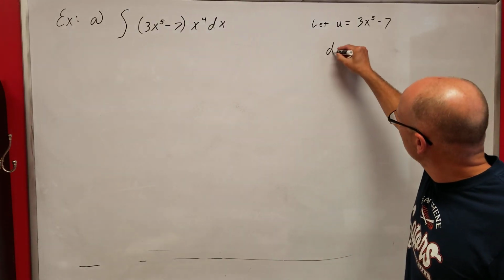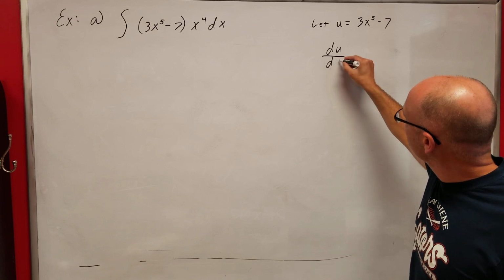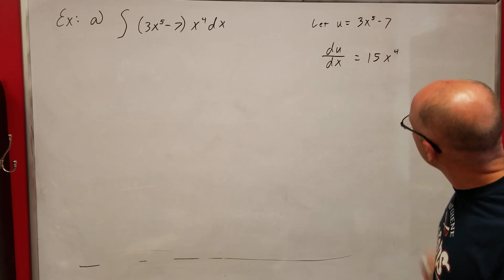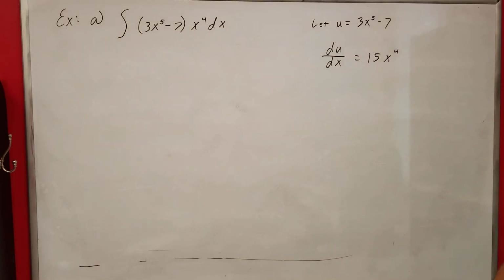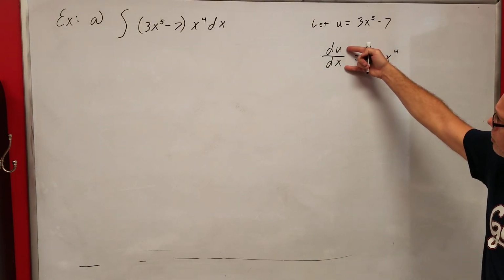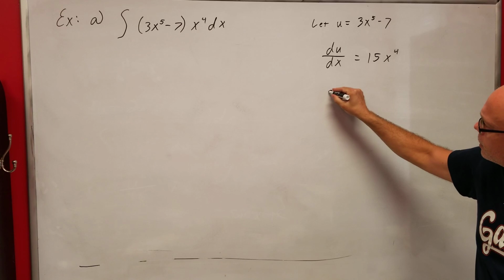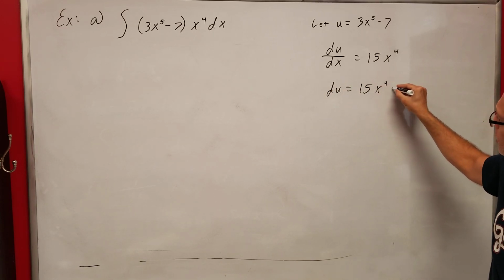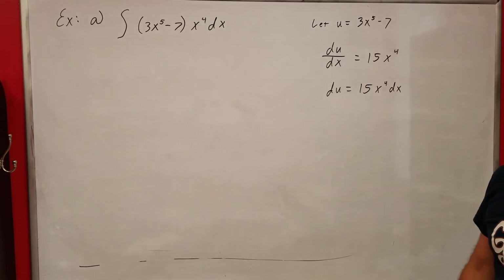So this looks like it's going to work for my value of u. So let's take the derivative of both sides with respect to x. That'll give me 15x to the fourth over here. Then we treat this like a fraction, multiply both sides by dx. So du is equal to 15x to the fourth dx, right?